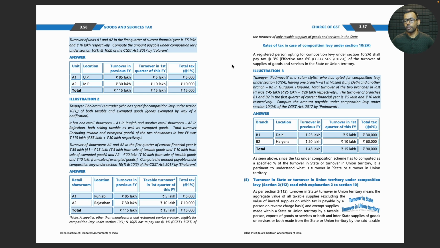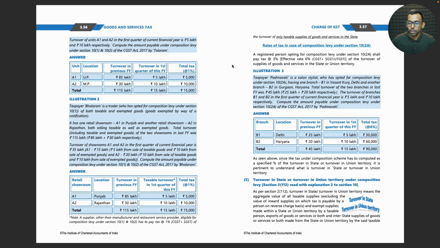The turnover of branches B1 and B2 in the first quarter of current financial year is 5 lakh and 10 lakh respectively. Compute the amount payable under composition levy under section 10 subsection 2a of the CGST Act 2017.